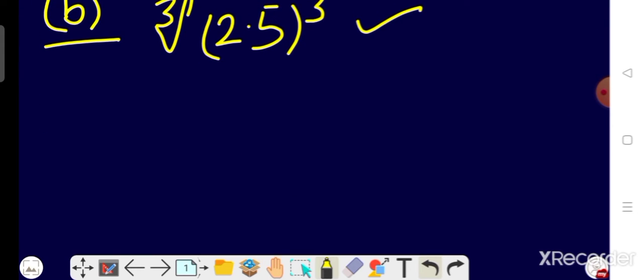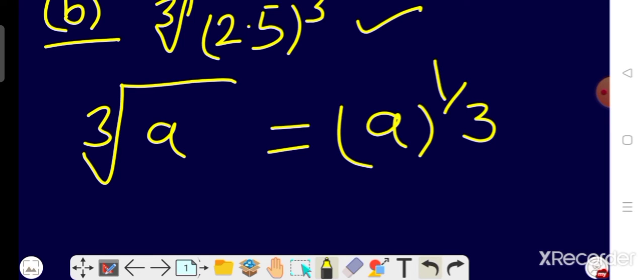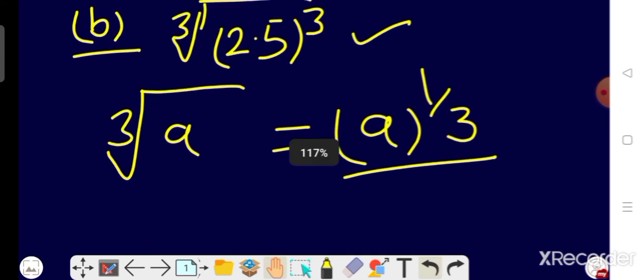If you have to calculate the cube root of any number a, you can write this as a raised to the power 1/3, or you can read this as the 1/3 power of a. So this is also the representation of the cube root of a number. By using this property we have to solve our B part.